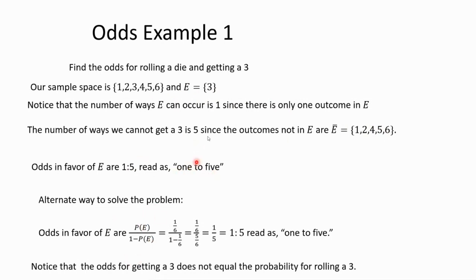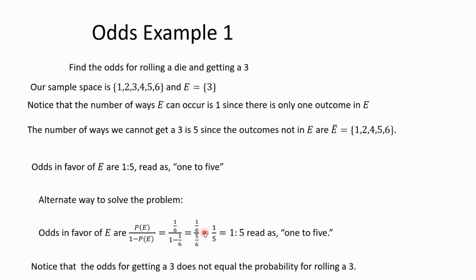We could also use probability, because the probability of E occurring is 1 out of 6, as we have seen before. So then the odds in favor of E would be 1 over 6 divided by 1 minus 1 over 6. Here, I'm using 1 minus the probability of event E. I could have just divided by the probability of the complement of E, because we know what that is.